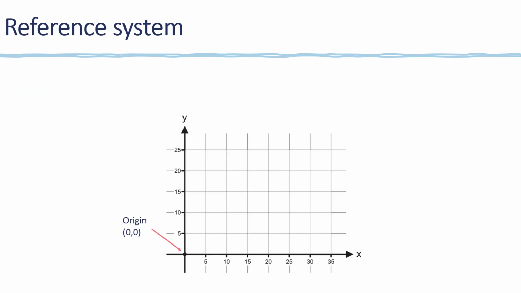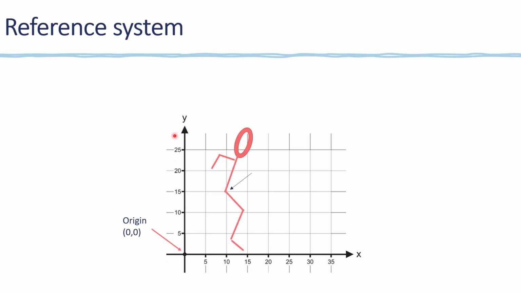So here we have a 2D Cartesian coordinate system, right? We have the x-axis along the horizontal and the y-axis along the vertical. So the first thing that you need to know is that the arrows are pointing in the positive direction. So we have our origin at 0, 0, and as we move further away from the origin, our units increase in the x and the y directions.